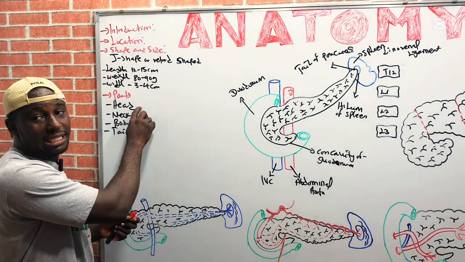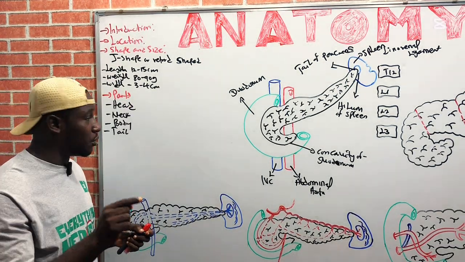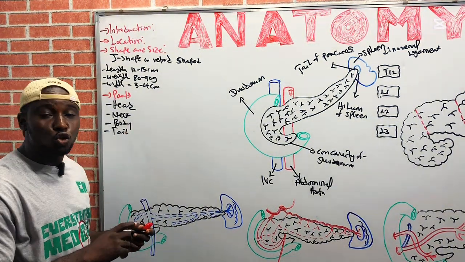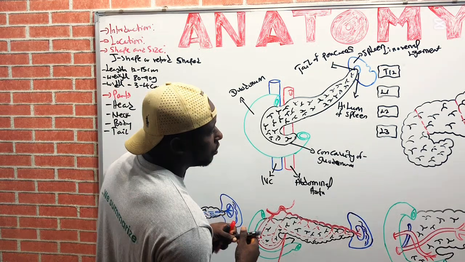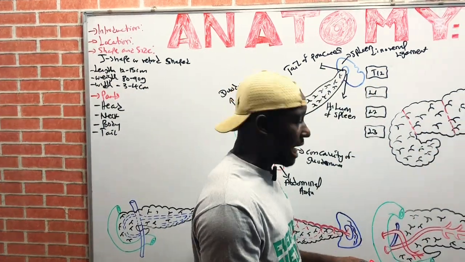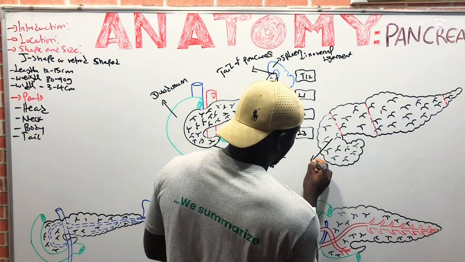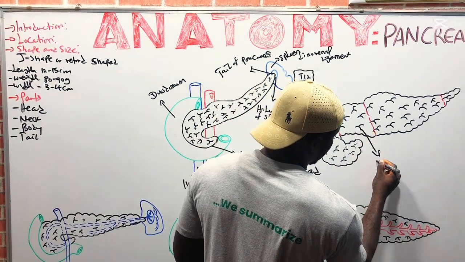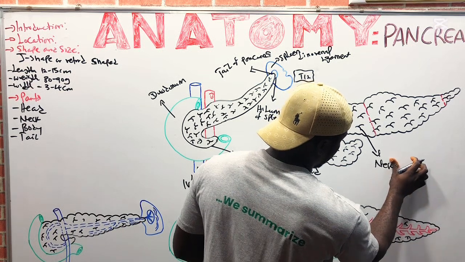The head has one process which is called the uncinate process, while the body also has a process called the tuber omentale. This diagram depicts the parts of the pancreas. This is the head. This is the neck.